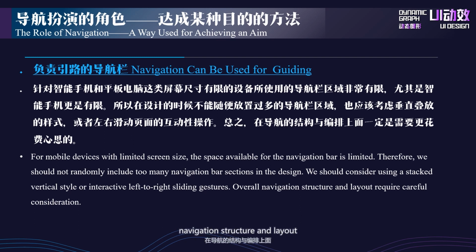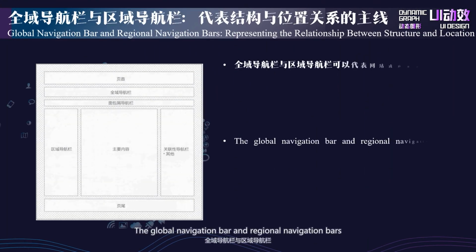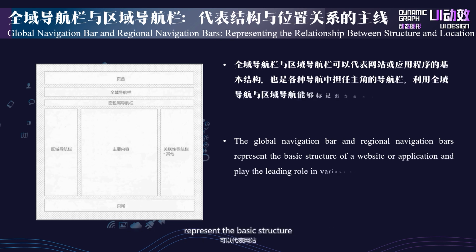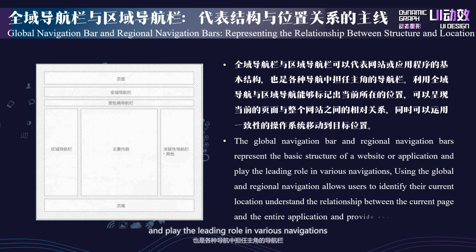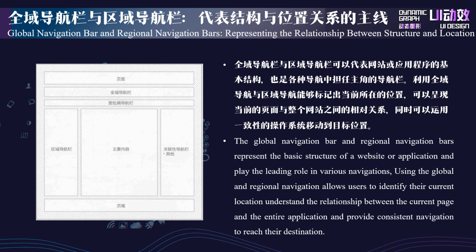Overall, navigation structure and layout require careful consideration. In the entire navigation system, the most important elements are the global navigation bar and regional navigation bars. The global navigation bar and regional navigation bars represent the basic structure of a website or application and play the leading role in various navigations.